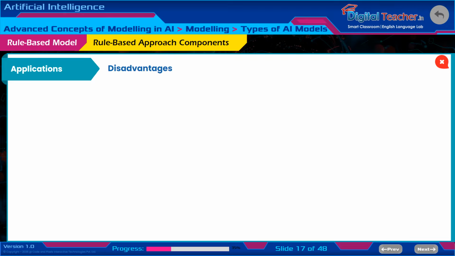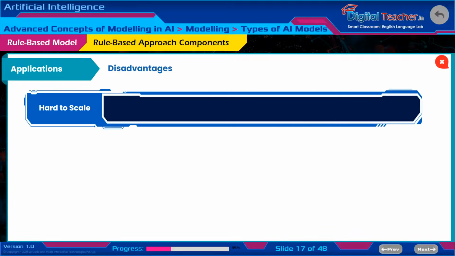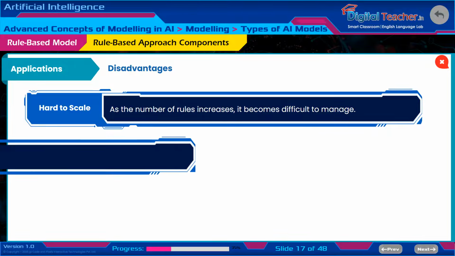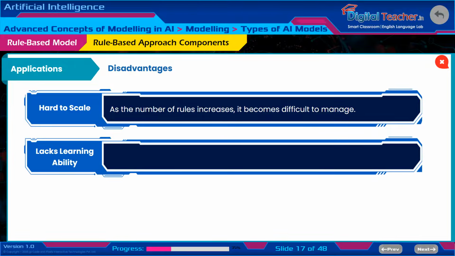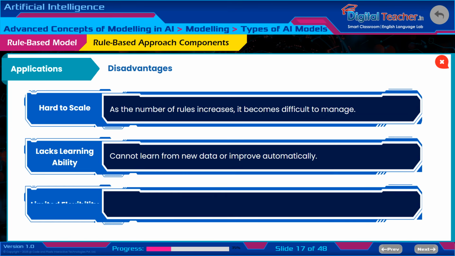Now, let us learn the disadvantages of rule-based model. Hard to scale. As the number of rules increases, it becomes difficult to manage. Lacks learning ability. Cannot learn from new data or improve automatically. Limited flexibility.